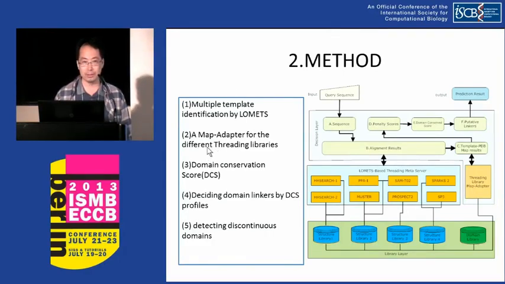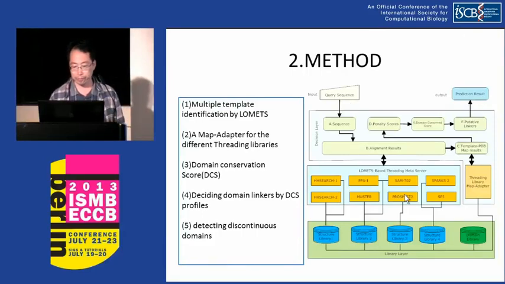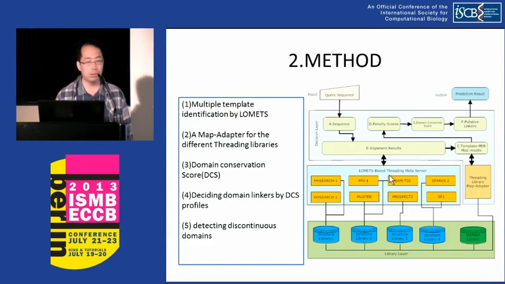The second is that we need a map adapter for the different threading algorithms shown in this picture. You can see here there are several threading algorithms. They use different structure libraries. These libraries are different, especially in residue numbers.